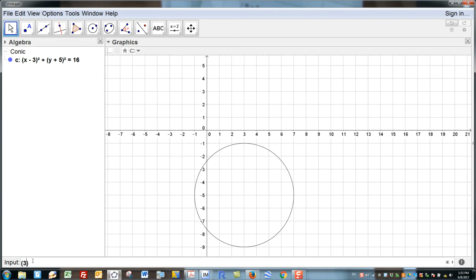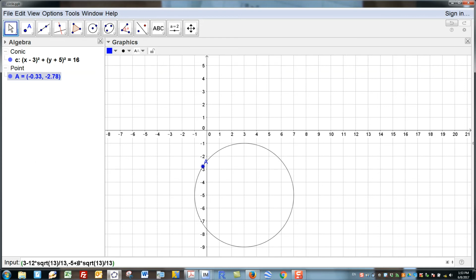So it'll be 3 minus 12 times the square root of 13 divided by 13, comma, negative 5 plus 8 times the square root of 13 divided by 13. I'm actually going to copy it because the second one is so similar. Hit enter, and that looks like the right point.